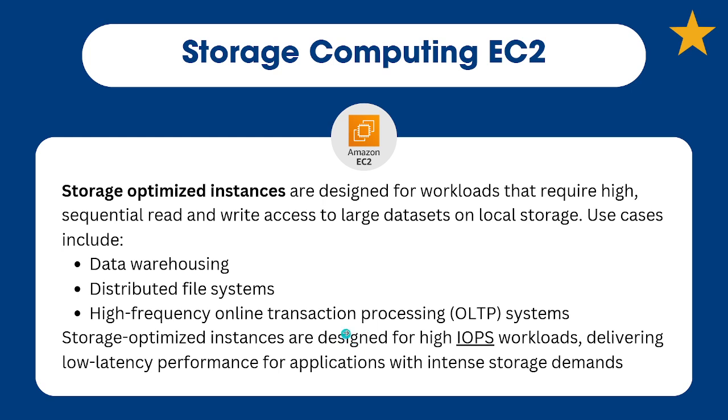This is when you need to handle massive amounts of transaction data and store it. You might use storage optimized instances. So this is when you're handling lots of data, but you also want to store it for longer periods of time. Different than memory, which is short periods of time. Storage optimized instances are designed for high IOPS workloads. IOPS is a measure of throughput in data. You can definitely click on that if you want to learn more. It's delivering low latency performance for applications with intense storage demands.